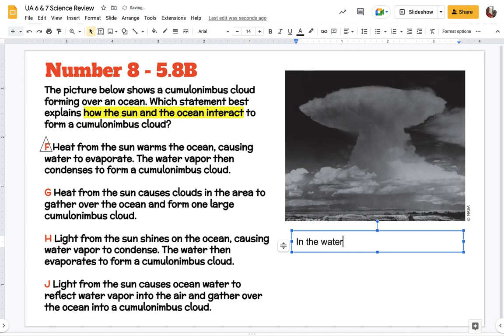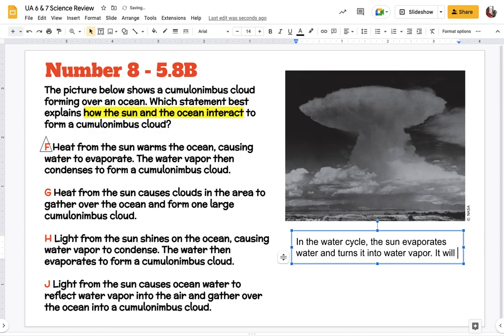In the water cycle, the sun evaporates water and turns it into water vapor.